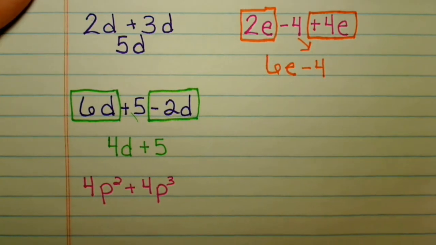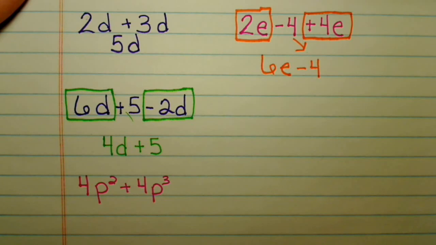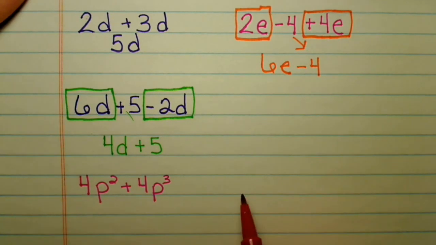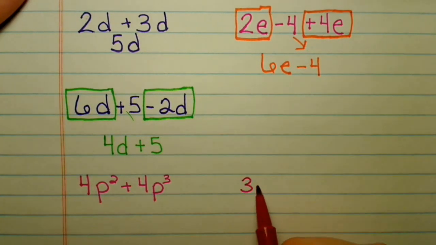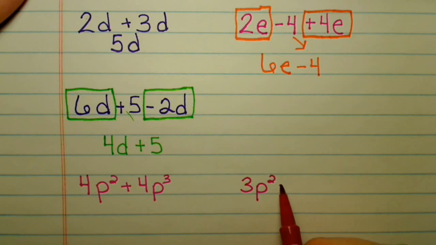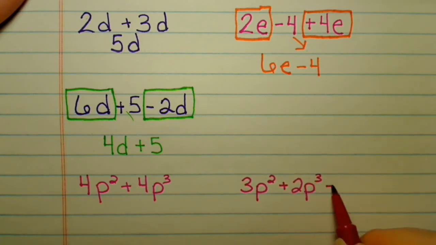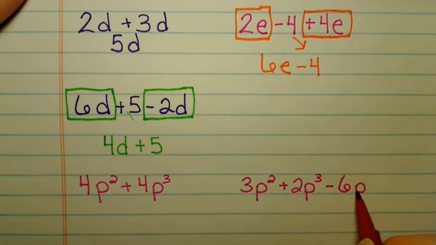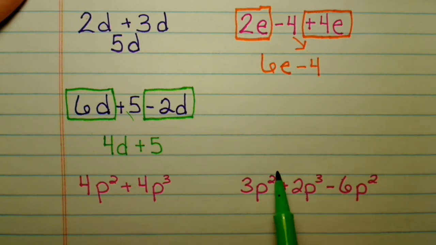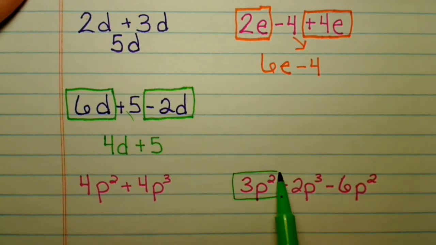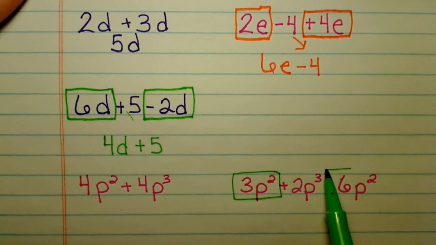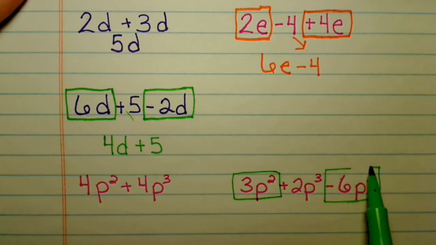Now, if we had a problem that was something like this one over here, and it was 3p squared plus 2p to the third minus 6p squared. Well, you can see in this problem we have a 3p squared and we have a minus 6p squared.